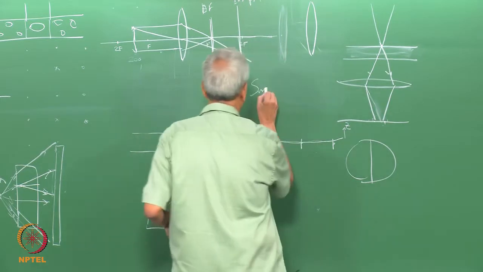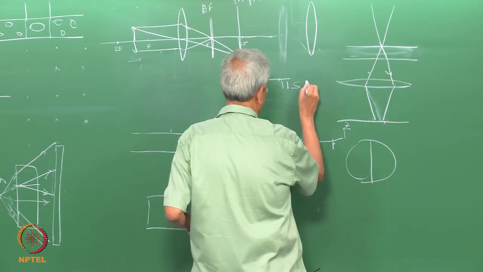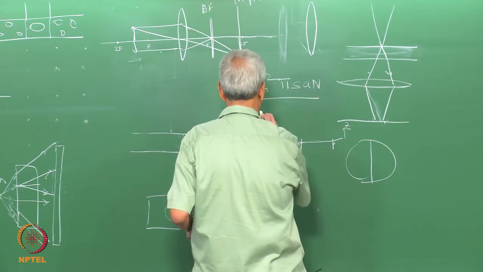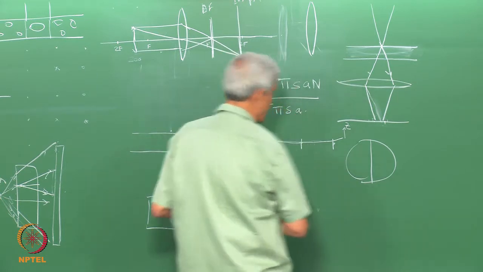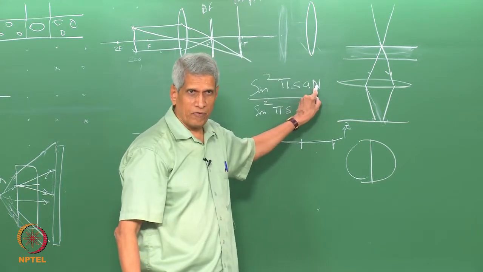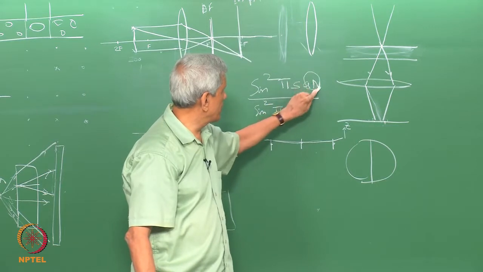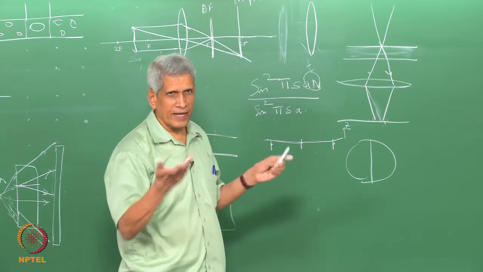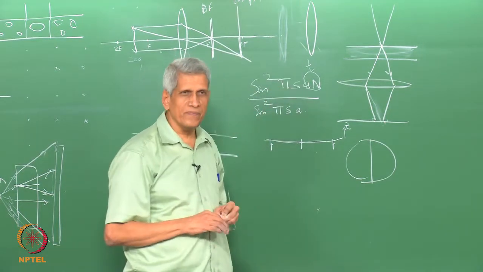Sin squared pi s into a, divided by pi s into a, it comes, correct? A is nothing but the number of unit cells which are there in the z direction if you take it. So this should become t, right? That can be considered thickness of the sample. What is s into t?